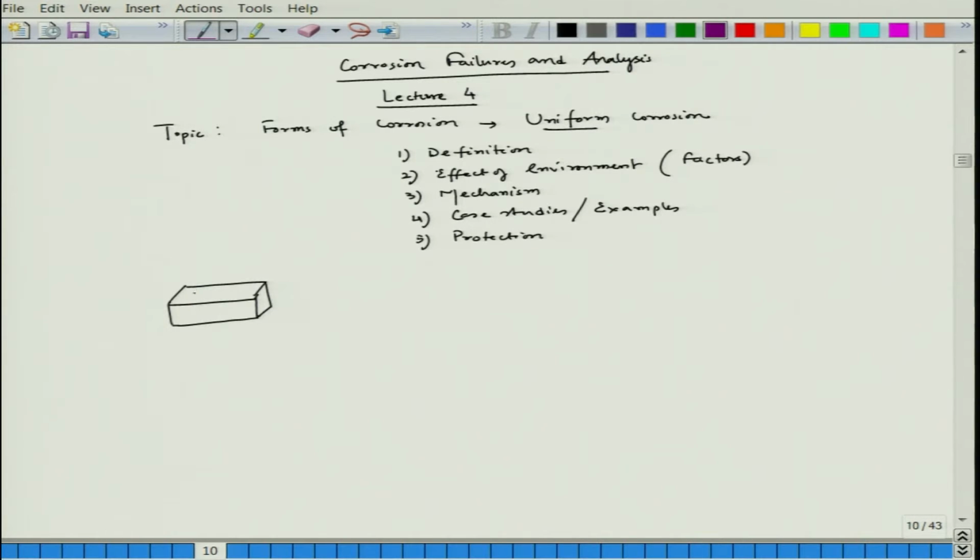For example, there could be possibility of a small corrosion point forming, and it can stay on the surface or it can progress through the body. In the rest of the parts you do not see much change, so that time it is of course basically localized.